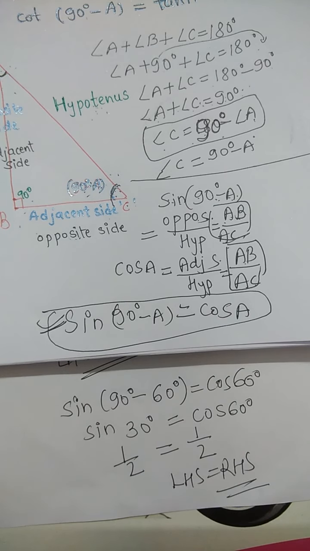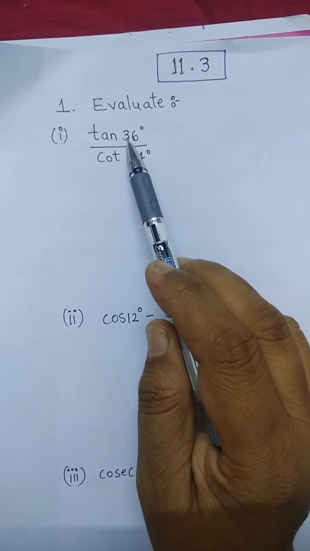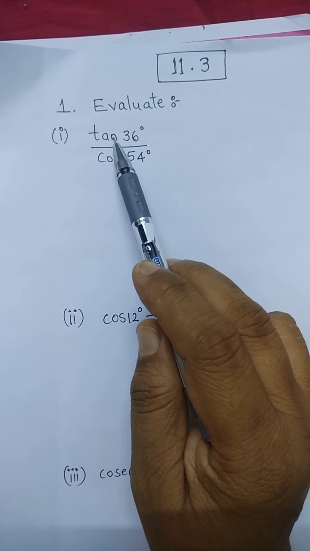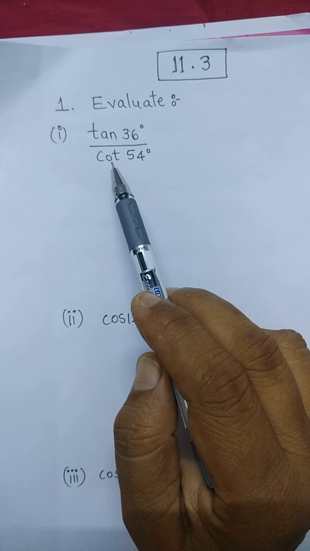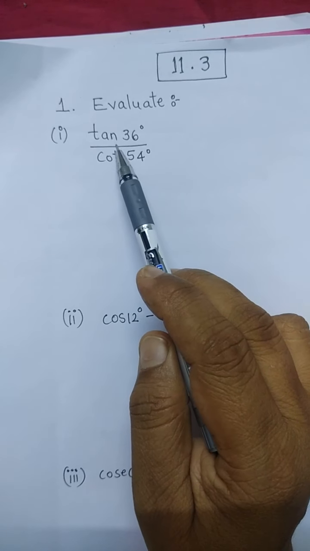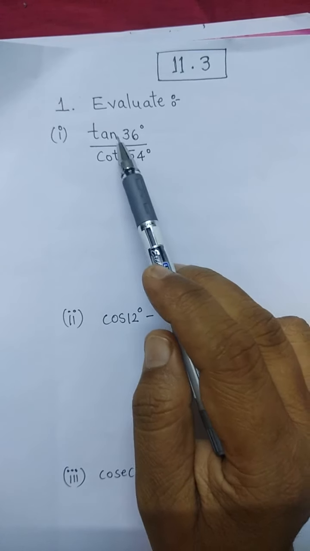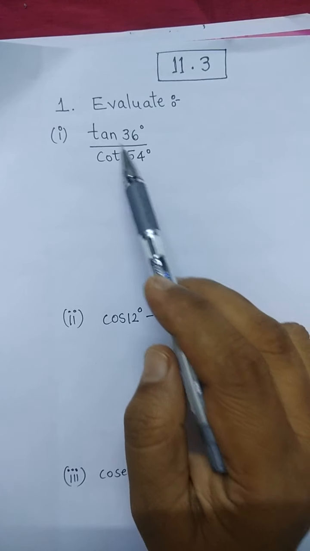Out of these two, any one you have to convert into complementary angle. Let us convert tan into complementary angle. Either convert cot into its complementary angle ratio or tan, but not both. Otherwise, you will again get the same thing and you cannot solve this problem.